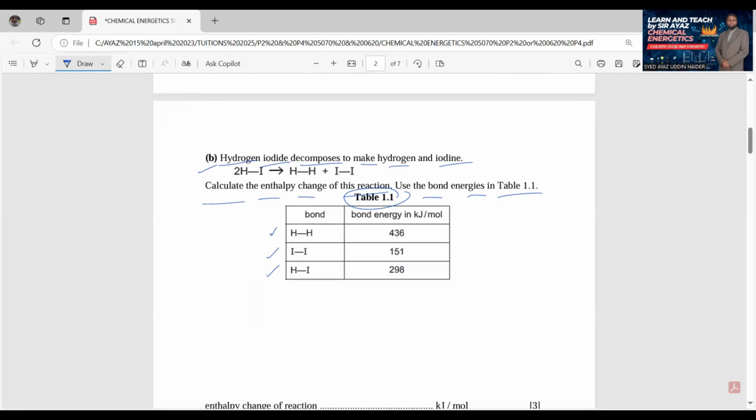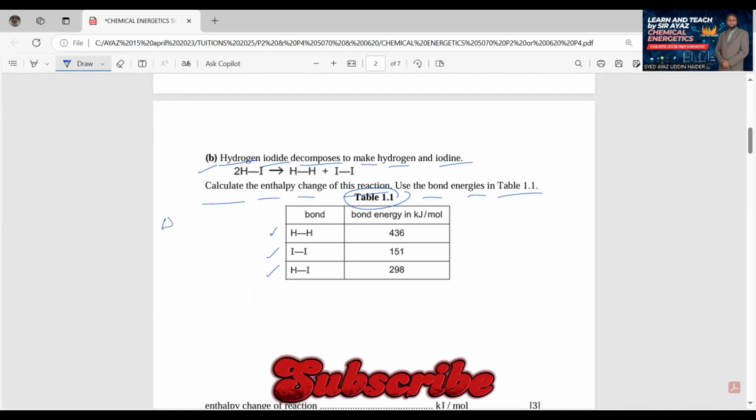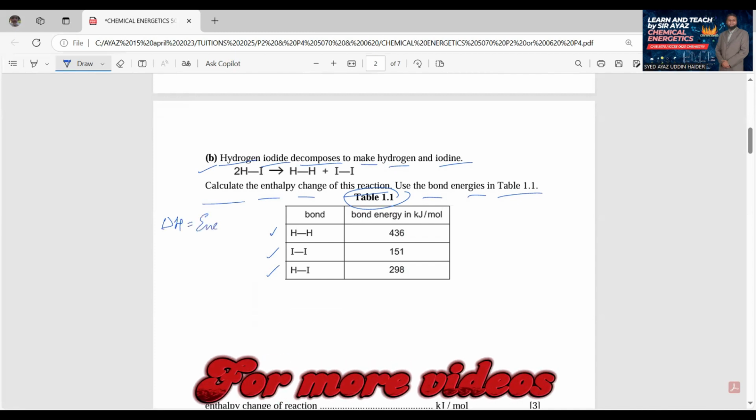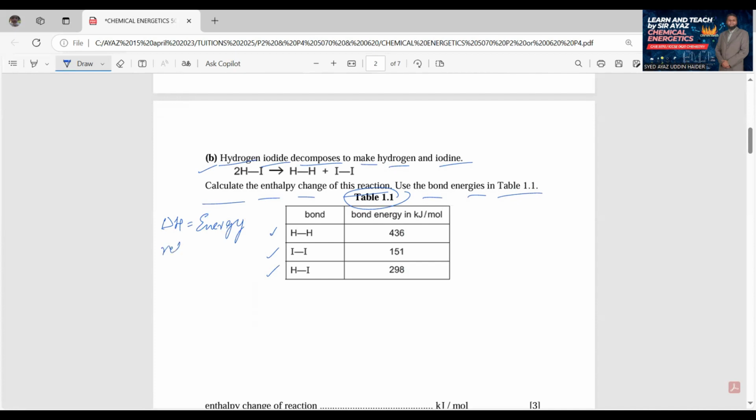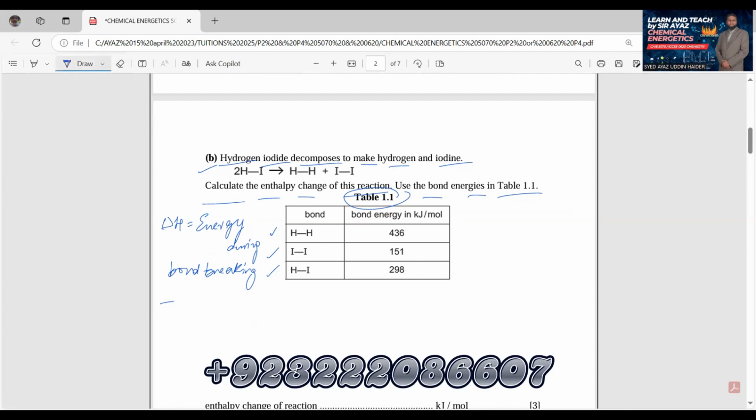Recall the formula for the enthalpy change of reaction. The formula will be like this. Delta H is equal to energy released or associated with bond breaking minus, sorry, there's a mistake, not energy released, energy required.